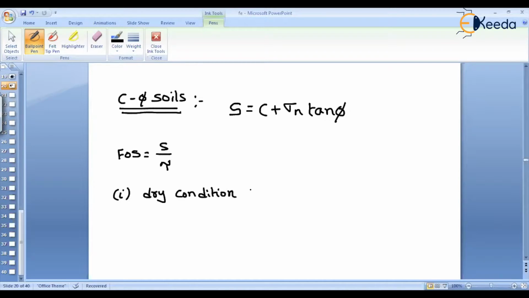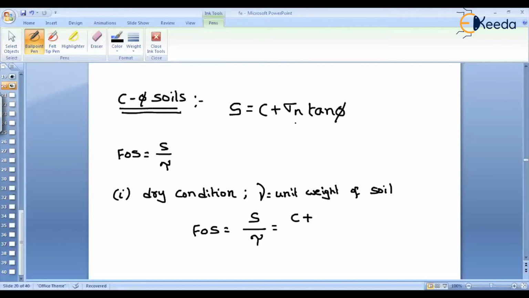Suppose the soil is in dry condition, the factor of safety will be, so here you have to use the unit weight of the soil in the dry condition. Factor of safety can be written as shear strength divided by shear stress. So S will be c plus sigma tan phi. The c value will be given in the question.